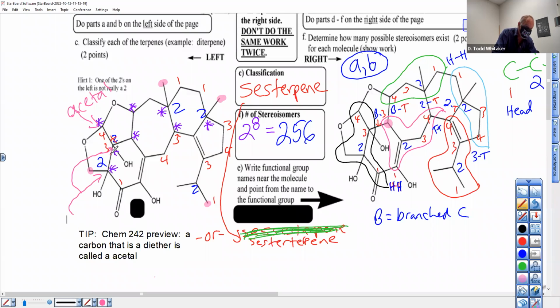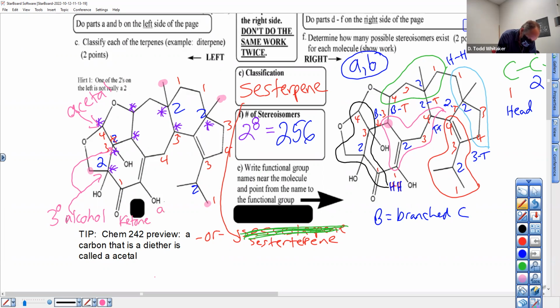Hydroxyl is not a functional group. Alcohol. Now, every time you give me alcohol, I need a number and a degree sign. Tertiary, yeah. Tertiary alcohol. And the O at the bottom is the ketone. The O on the bottom is a ketone. What about the other alcohol? It's a tertiary too. Yeah.